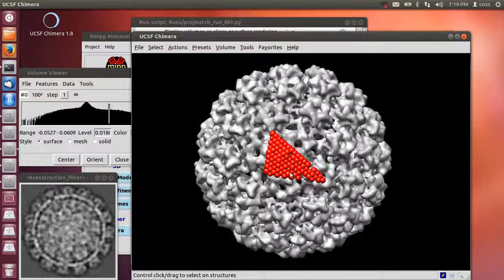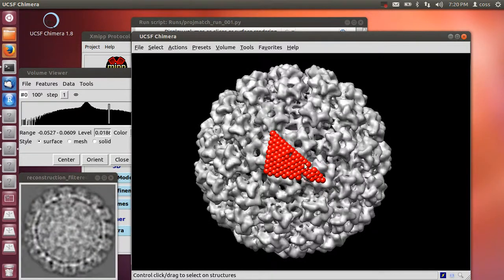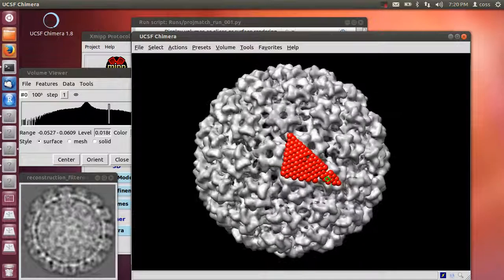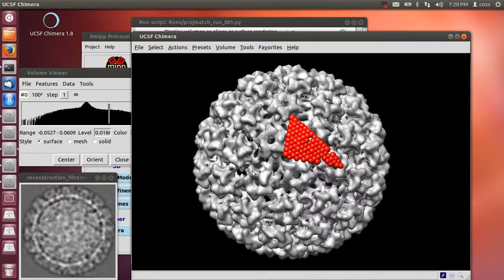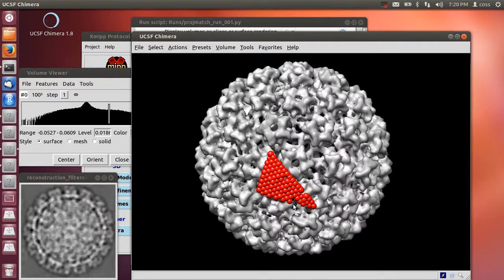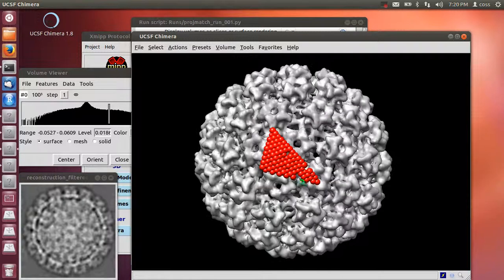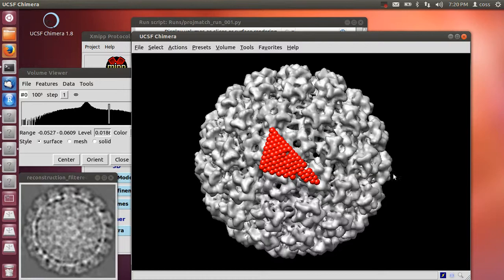These red points represent the different projection directions that have been assigned at least one projection, and the size of the sphere is related to the number of images assigned to that direction. For instance, more images have been assigned to this one than to this other direction. You see that the asymmetric unit here is rather well covered. There are a couple of missing regions, but normally this is not so important in this case.